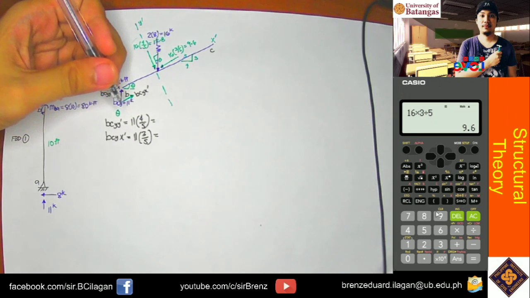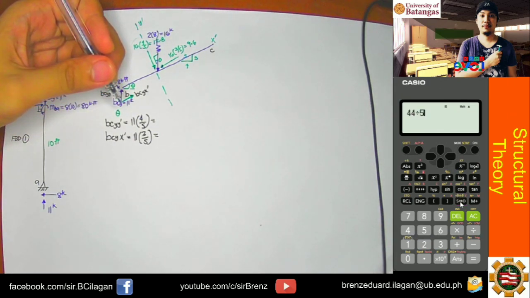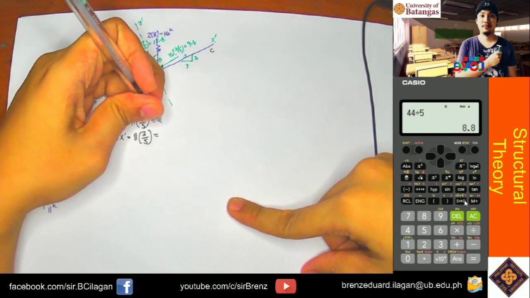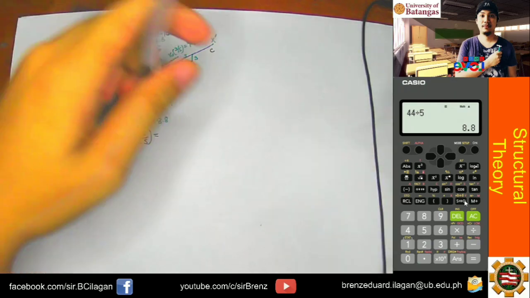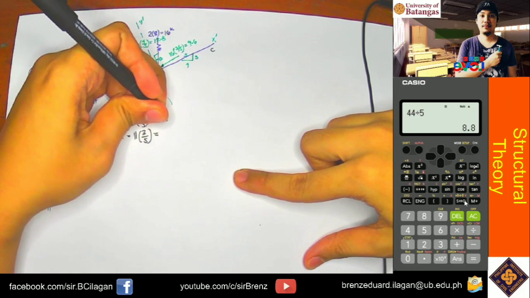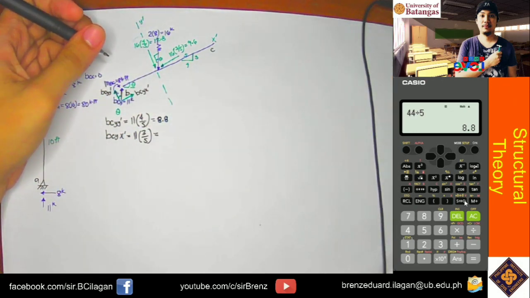And for this one, 11 times 4 divided by 5, or 44 divided by 5. So this is 8.8. And this one will be 33 divided by 5.